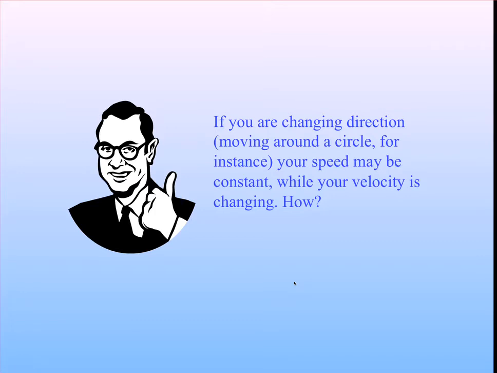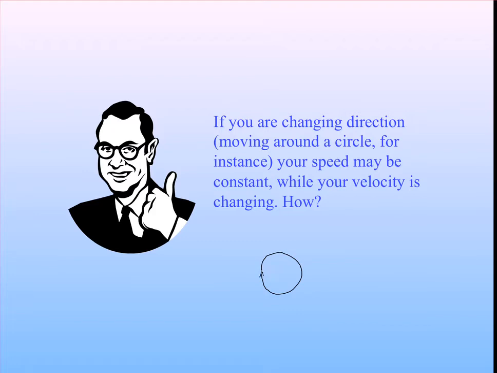The velocity will have a direction attached to it. So if you're constantly changing direction, say if you're moving around in a circle, your speed may be constant while your velocity is changing, even though your speed and your velocity are at any one moment going to be identical.